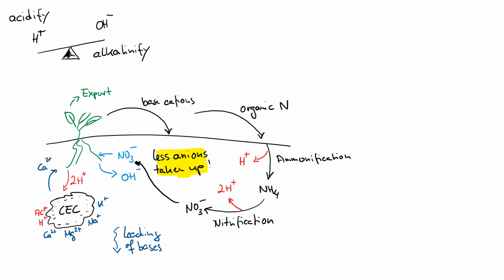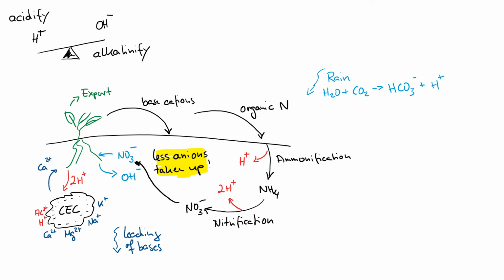And we will learn more about this as we talk about the nitrogen cycle in the coming weeks. But if we add additional nitrogen in the form of fertilizer, then this process will very obviously lead to the acidification of soils.